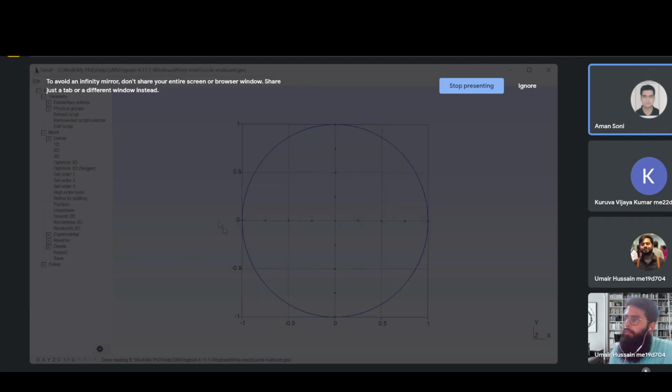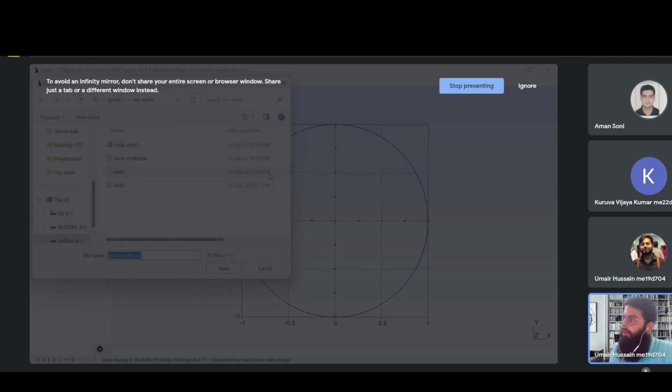I have multiple points here to control the mesh size. So I'll just open the script and edit the mesh size option anywhere. Let me show you.